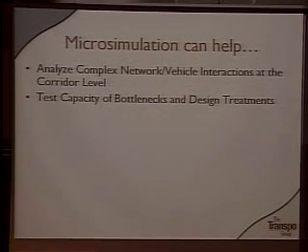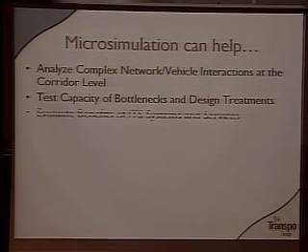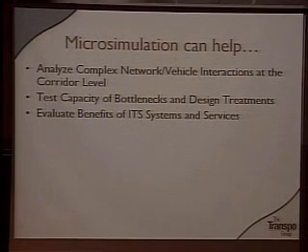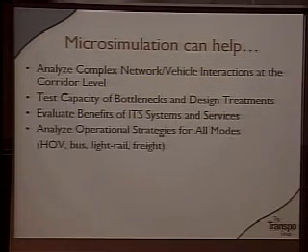It can also help test the capacity of the bottlenecks and analyze and compare some design treatments. We can also evaluate the benefits of ITS systems and services, and this is an area for which simulation is very useful and very often used.